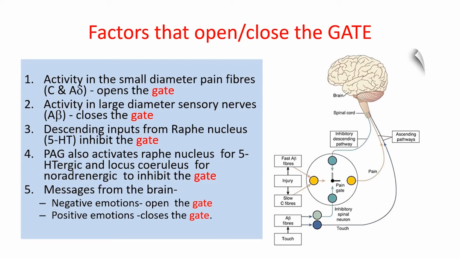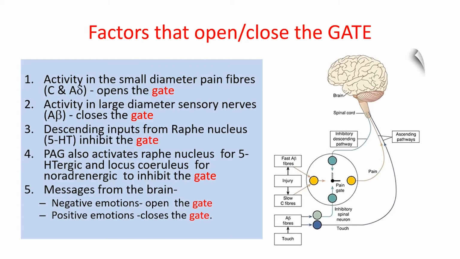Say for example, a player in a tournament may get hurt, but he will not feel the pain while he is playing. At the end of the play, he comes to the room and then he starts feeling pain.